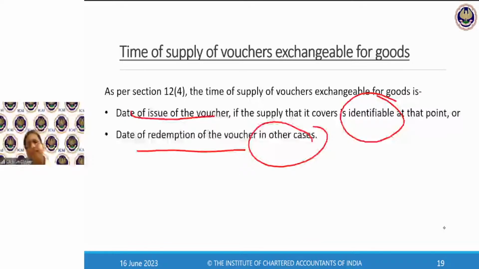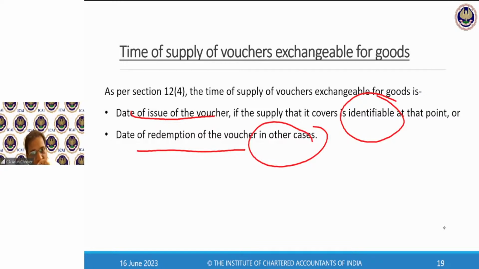Any example, let's say I am Reliance Smart Bazaar. You purchase the voucher worth of rupees 10,000. You have the option to take, let's say, milk, which is exempted. Let's say purchase the crockery, which might be taxable at 12, 18 or whatever the case. You have the option to purchase the garment, which is taxable at 5%. You might have the option to buy the air condition, which is taxable at 28%.